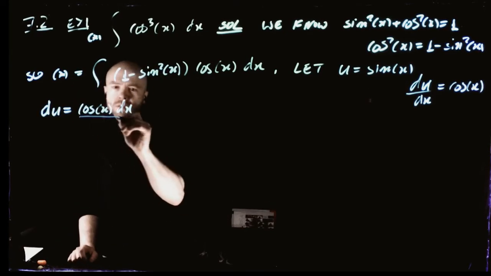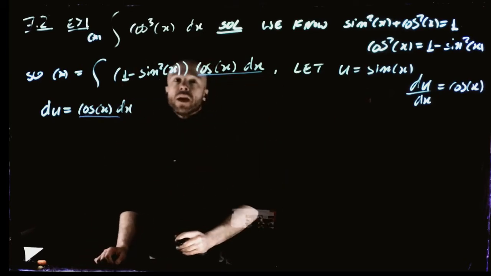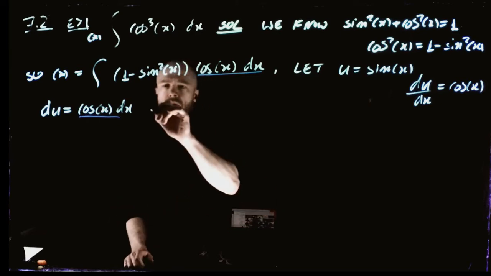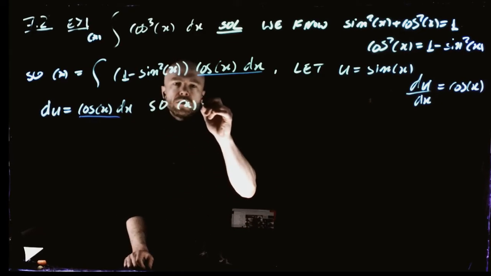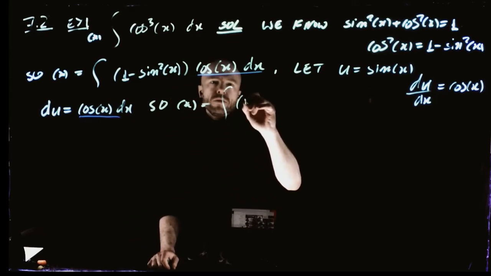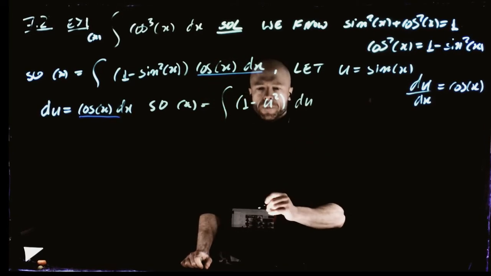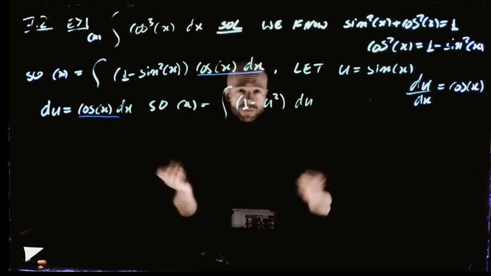So then we can turn this entire integral into something to do with u. Star is equal to the integral of 1 minus u squared du. So now that's easy.